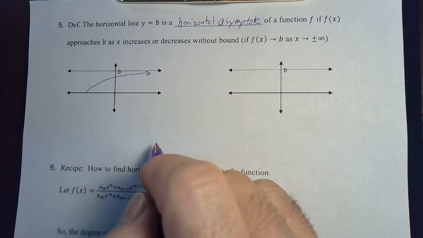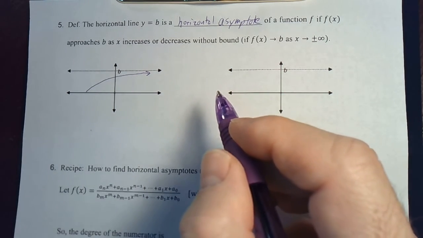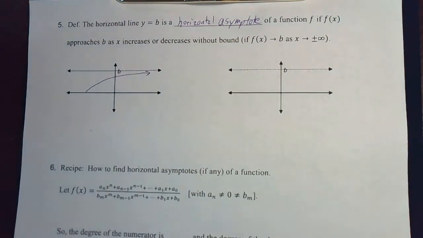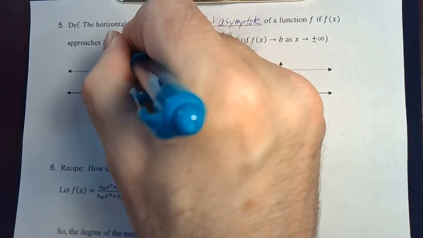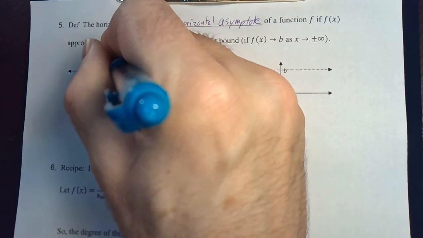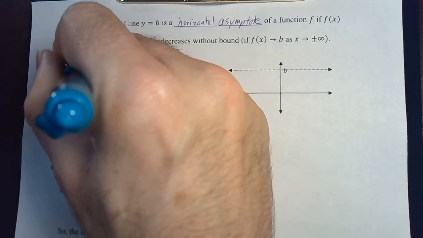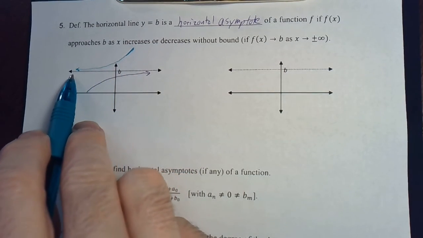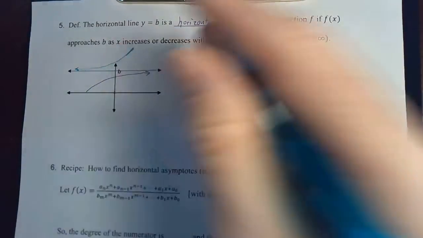It could be above the line. Let's do it this way. As x goes to negative infinity, it could be decreasing like this, but getting closer and closer to it. Or we could do it in the opposite direction.